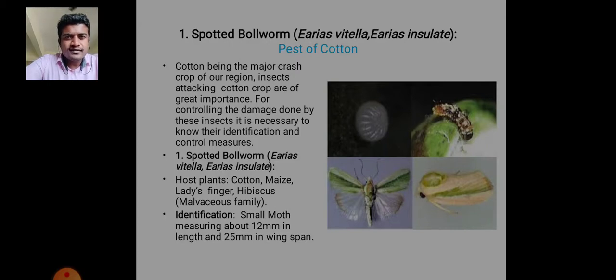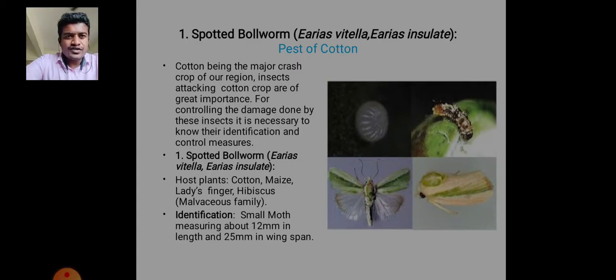Host plants. Generally, this spotted bollworm attacks economically important crops, and these crops are cotton, maize, lady's finger, and hibiscus, the malvaceous family. So these crops are generally attacked by the spotted bollworm.